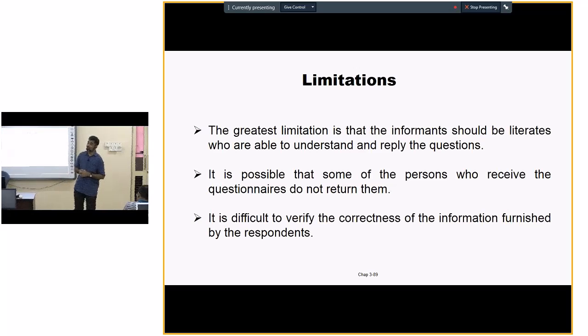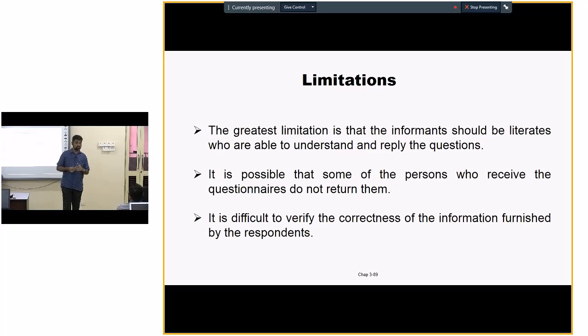Then it is better to apply a self-administered questionnaire. I assigned a number of friends, then I got that information.